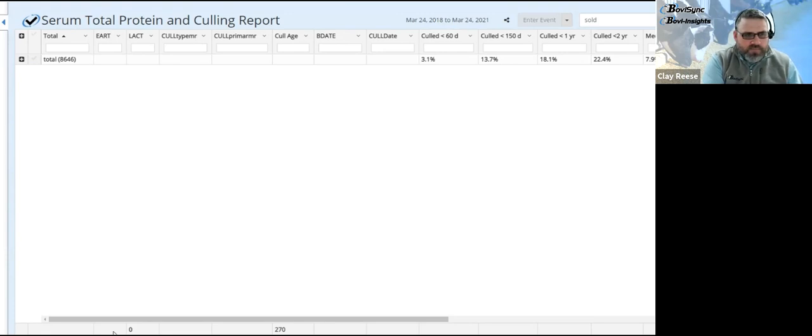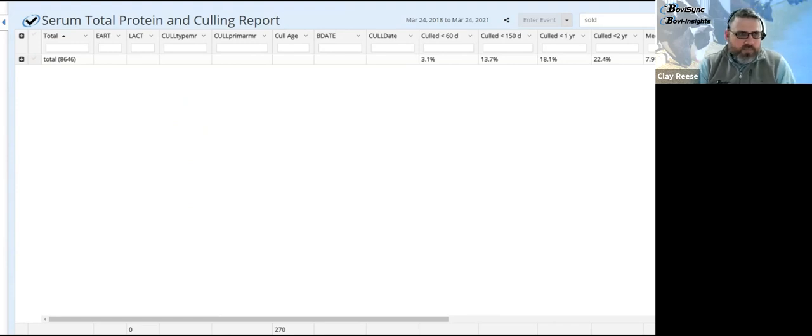We'll start off at the top level and then show how we can break down the data in a variety of ways to really get at some interesting information. So here's the report. Some basic information before we start. This is looking at animals in the last 3 years, so they're including dead and sold animals.